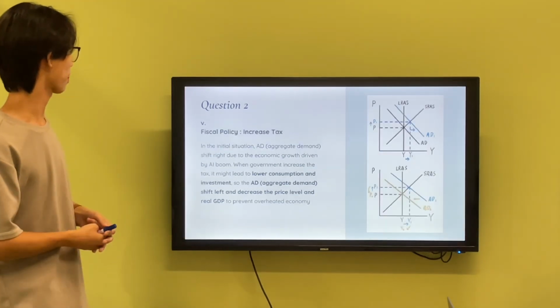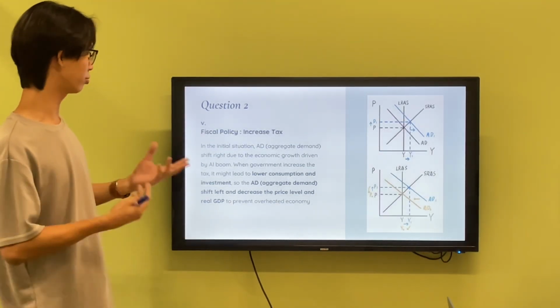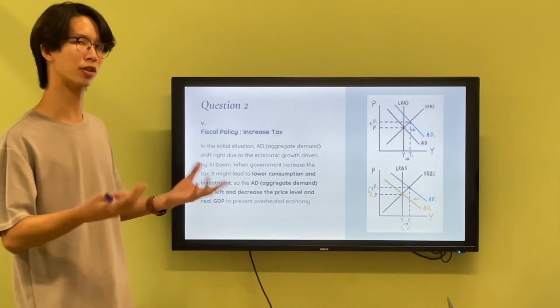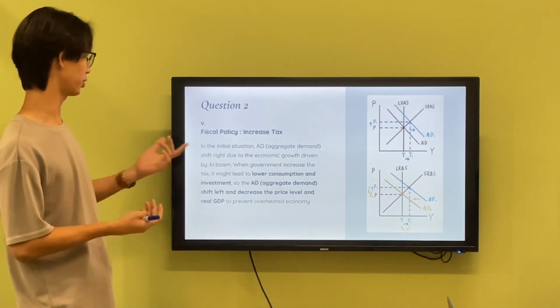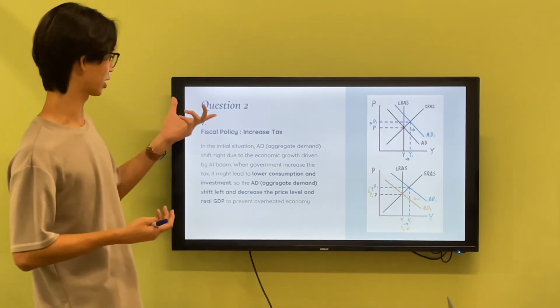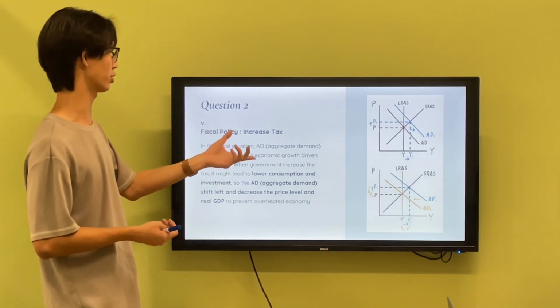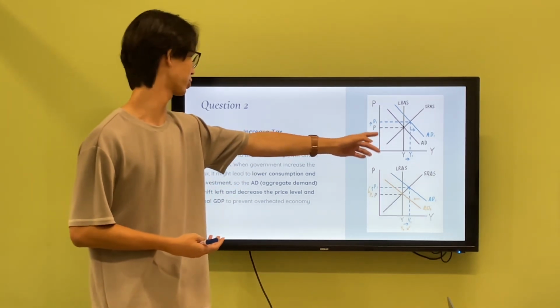Yes. So the last part is the two policies that we face in this overheated economic growth. The first one is fiscal policy. In fiscal policy, government can increase the tax. In the initial situation, there's economic growth, like the first picture here.